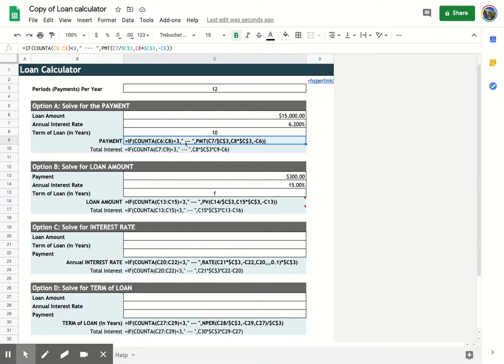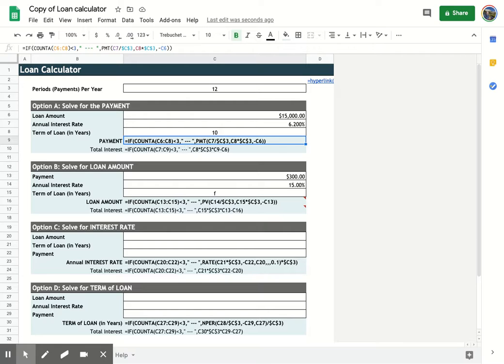If I click on this one, for example, this first part says IF COUNT of C6 to C8. Well, C6 to C8 is just this range right here. It's just saying if you have any less than 3 entries, and there's count at 1, 2, 3, had 3 entries, then you're fine. If you have less than that, then you just put the dash, dash, dash.